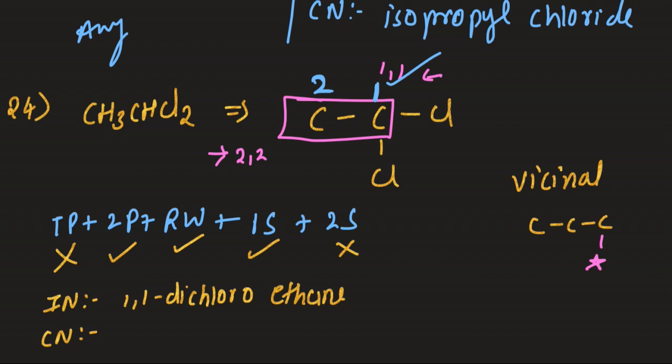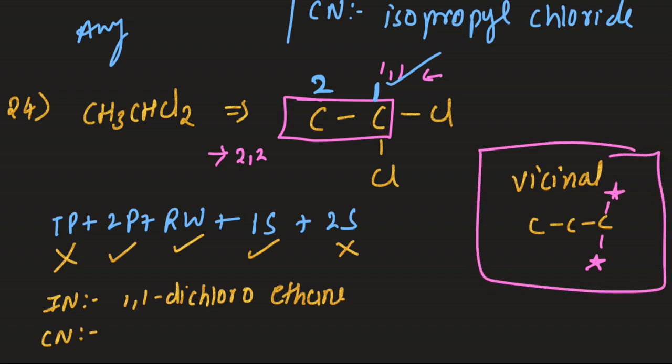Geminal indicates groups attached to the same carbon. Since here 2 chlorines are attached to the same carbon, and that must be terminal, not anywhere. So don't say, ma'am, if I attach 2 groups here, should I call it vicinal? No. It must be in the terminal only. Having same groups on terminal carbons.